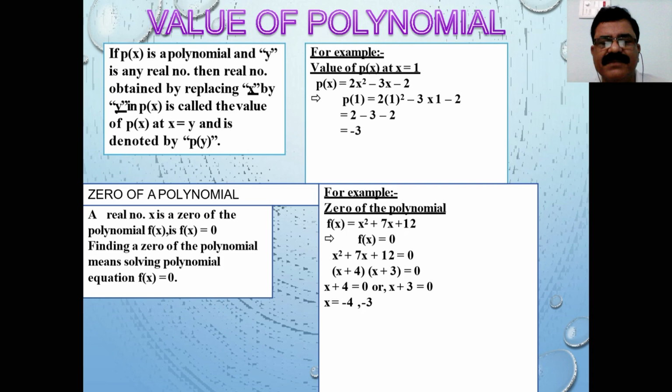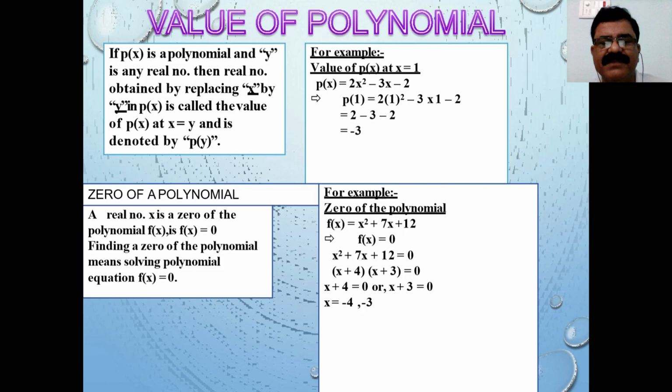So (x plus 4) into (x plus 3) are the two factors, and they must be equal to 0, hence x plus 4 is equal to 0 or x plus 3 is equal to 0. On such conditions x is minus 4 and minus 3. So these are the zeros of the given polynomial x square plus 7x plus 12.